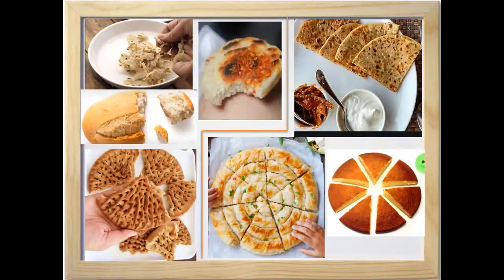Can you all see this pizza is divided into 7 equal parts, and this cake is divided into 7 equal parts, and this roti is divided into 4 equal parts. But in these pictures, the parts of the whole are not divided equally. Understood children?